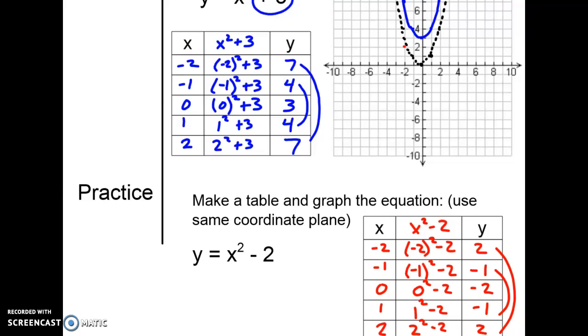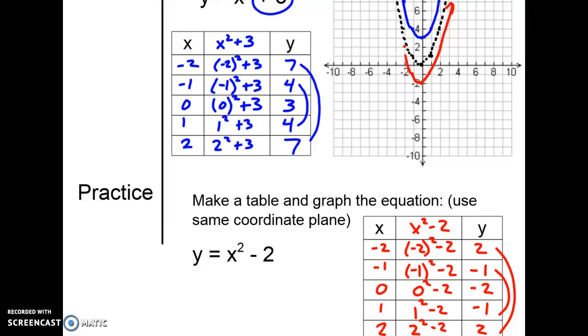And we have -1, -1. We have 0, -2. We have 1, -1. And we have 2, 2. Just like that. And our curve would look something like this.